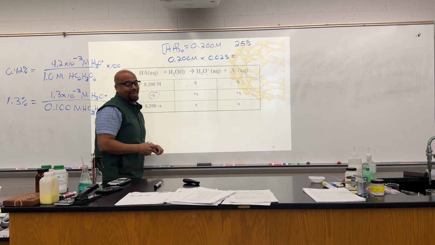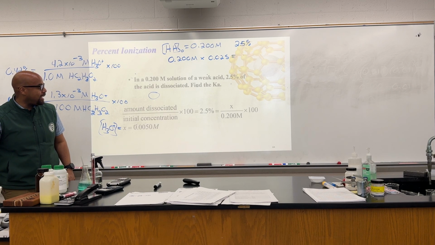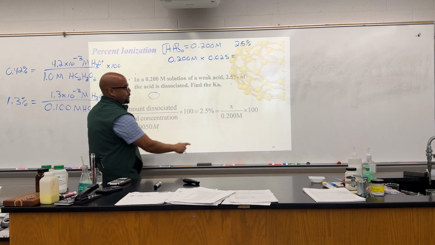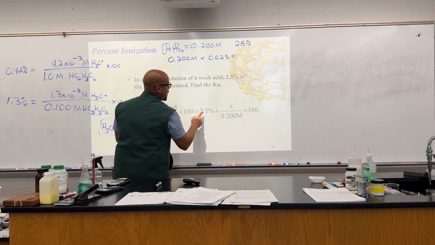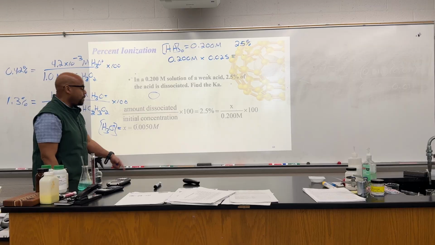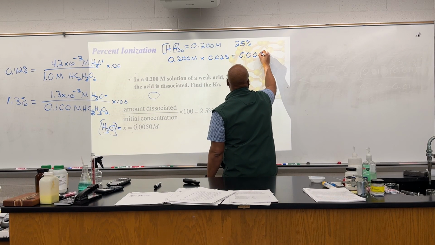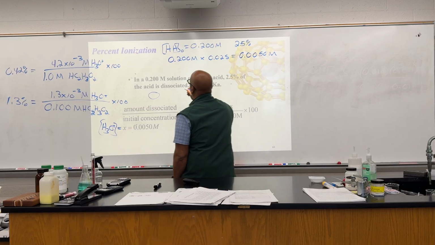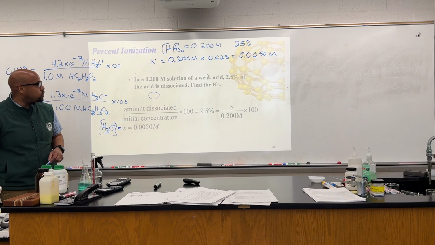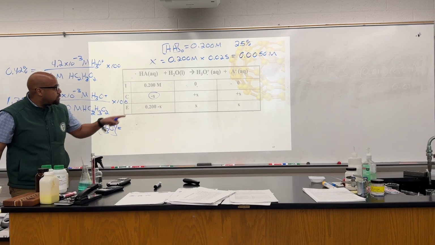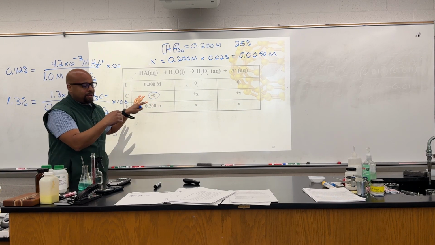And when I do that, if you look at the math, it's the exact same math that I have sitting right here. 0.2 times the 2.5, but of course divided by 100. It's the exact same, which means I'm going to get 0.0050 M, which of course is representative of my X in this case, because that shows me the degree of dissociation. So for me, I'm not committing that equation to memory.